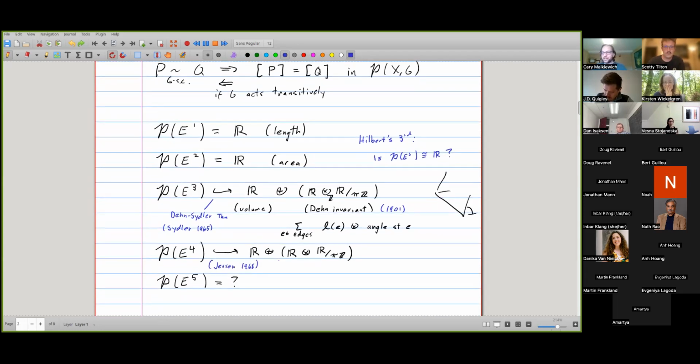And then for 5-dimensional geometry, it's just open. We don't know what this group is. There is a map to volume plus a Dehn invariant plus another Dehn invariant, but we don't know if that map is injective. And furthermore, even describing the group that the second Dehn invariant lives in is kind of messy. So this quickly becomes a very difficult problem.